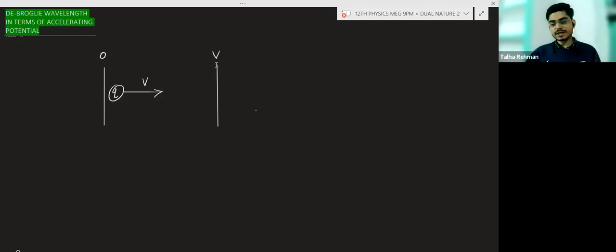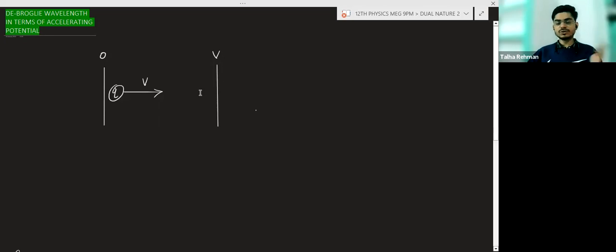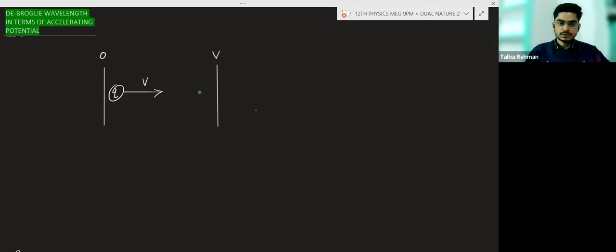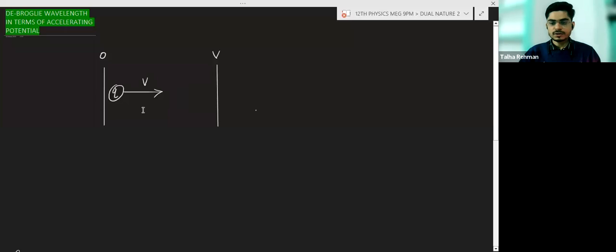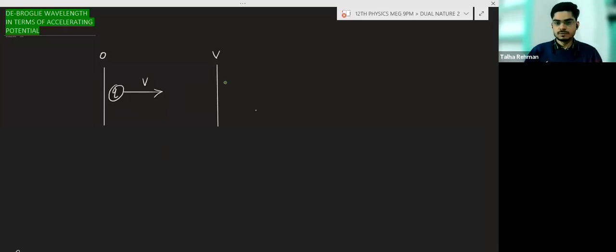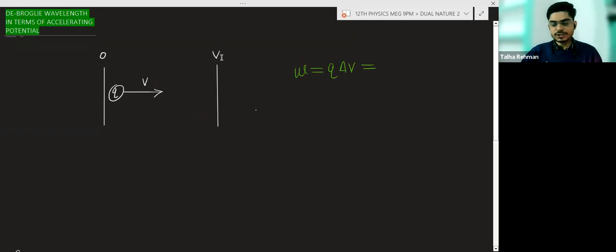The work done in moving this charged particle from here to here is Q into delta V. Delta V is the potential difference, V minus 0, that is V. So it will be QV.